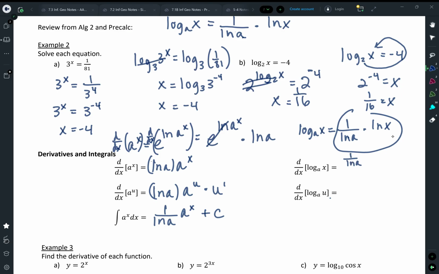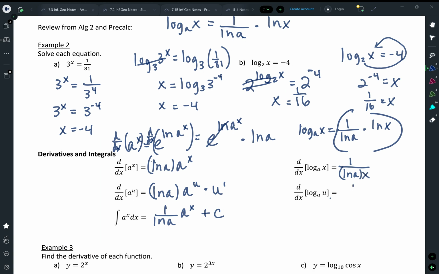And my derivative of natural log x is just 1 over x. And then I'd have to multiply them. So what I'm going to write here for my derivative of log base a of x is just 1 over natural log of a times x.